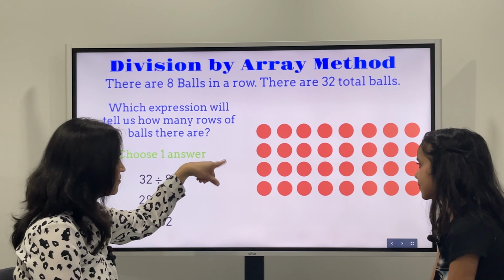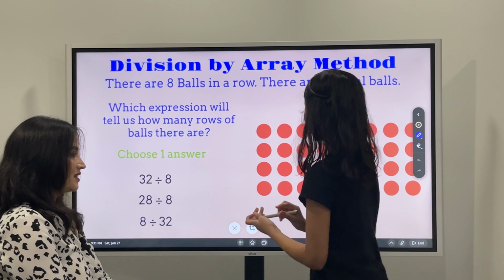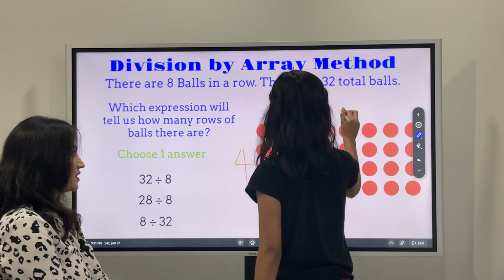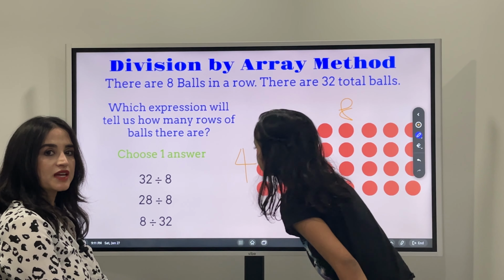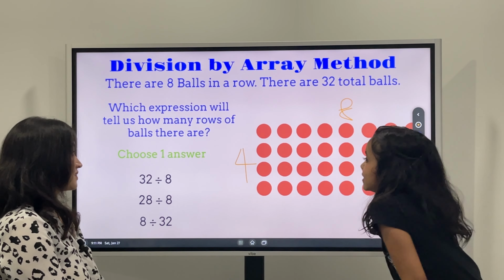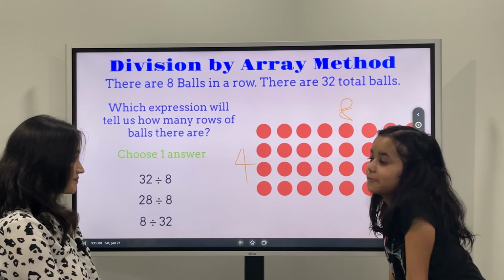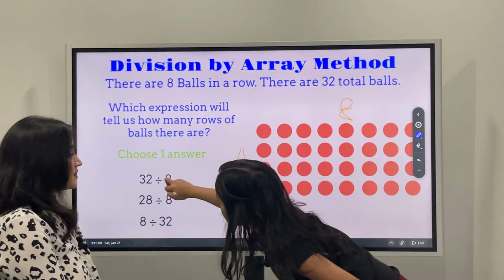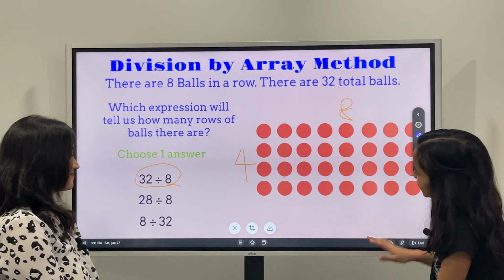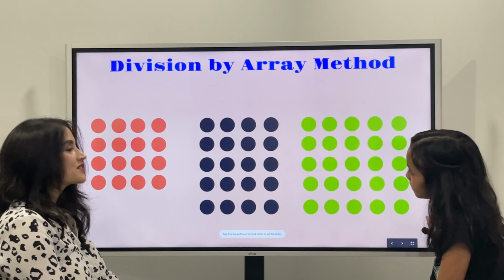So there are 4 rows and 8 columns. 4 times 8 is 32, or 8 times 4 is 32. So which is the right answer? I said the first one. Yeah, you got it. Let's see if I'm right. This one's correct. Great.